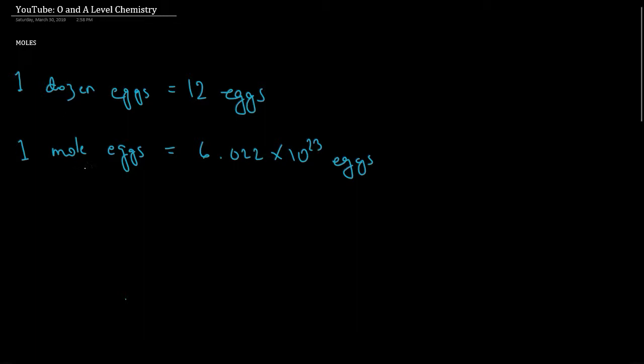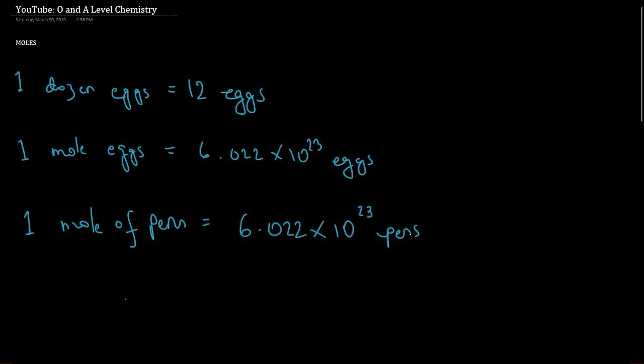Mole just defines a number that you have this much of that stuff. So likewise, if I'm saying I have 1 mole of pens, I have 6.022 times 10 to the power 23 pens. So you get the idea.